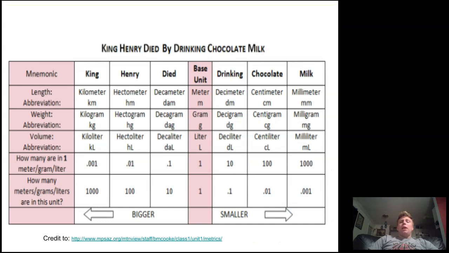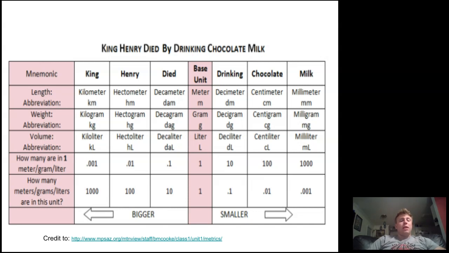Now, in the next video, I'm going to show you an easy way to convert the metric system from one unit to another. This is a very common mnemonic in order to help you remember the order of the units. And it goes, King Henry died by drinking chocolate milk.